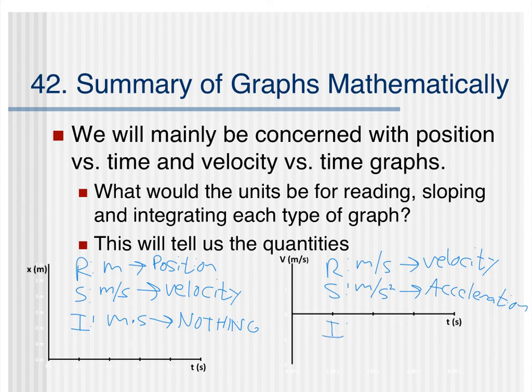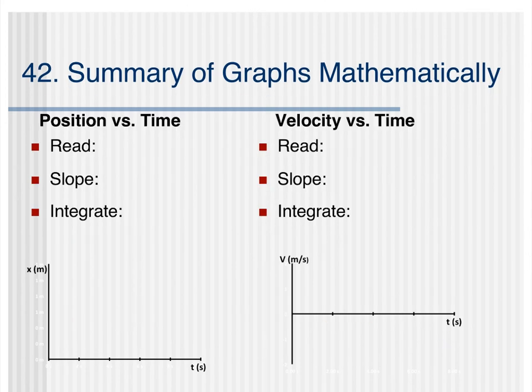And if we integrate it, we get units of meters per second times seconds, or just meters, which is the units for position. But remember what we said, when we integrate, it gives us the change always. So this is going to be the change in position.